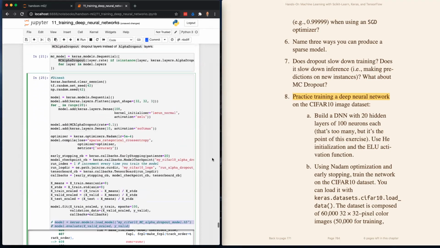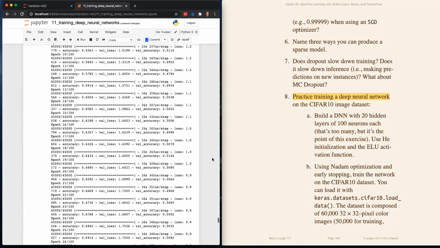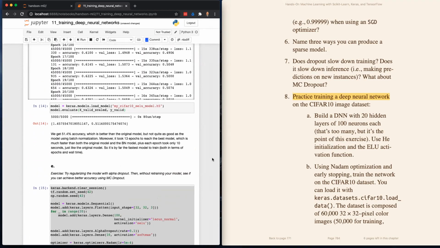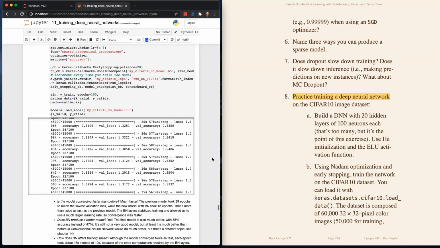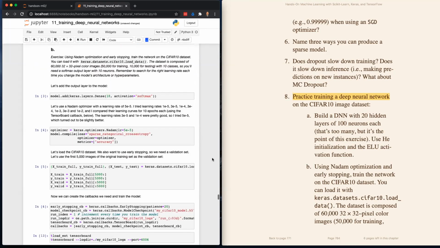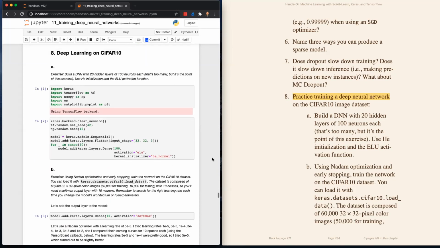So shall we get started? All good? Yeah, sure, good. Okay, so perhaps a quick walkthrough on what we did last time, a couple of questions. Sorry about the scrolling. Okay, so that's on the top. What we are doing here is practice training on a deep neural network.